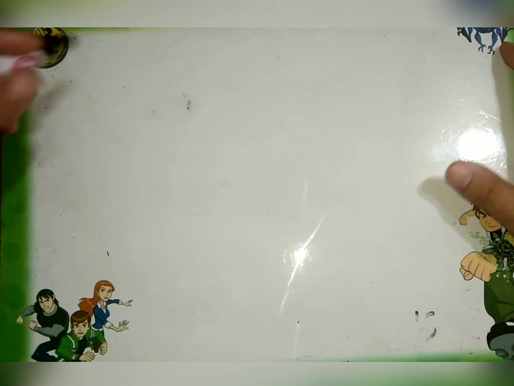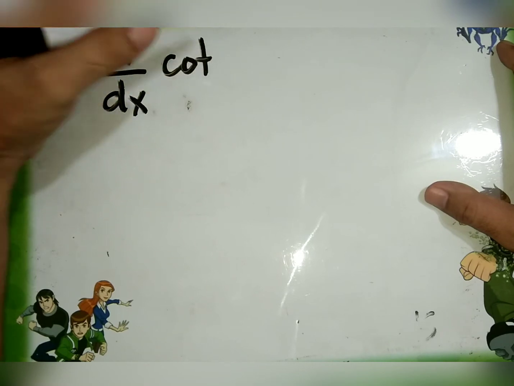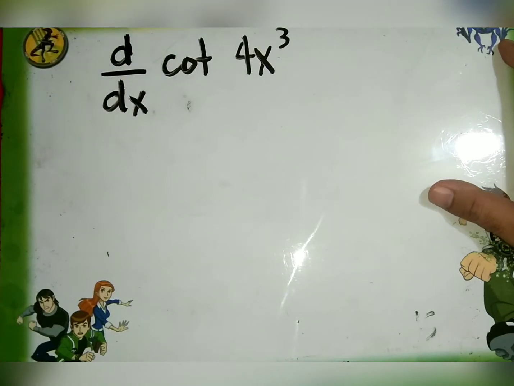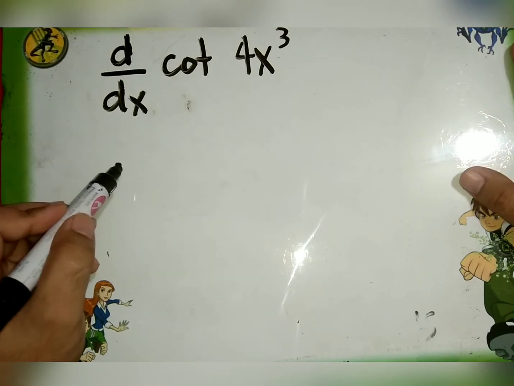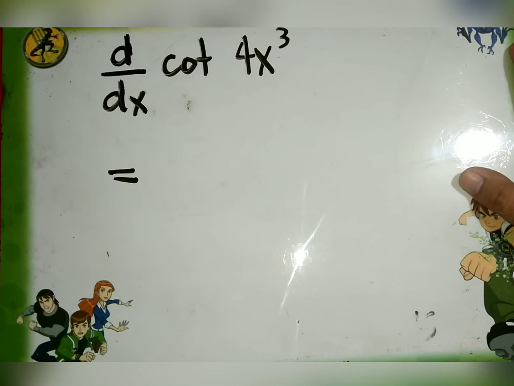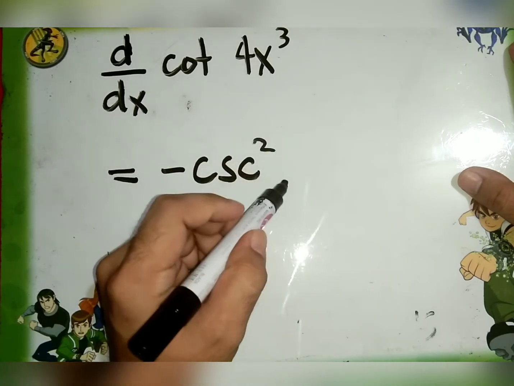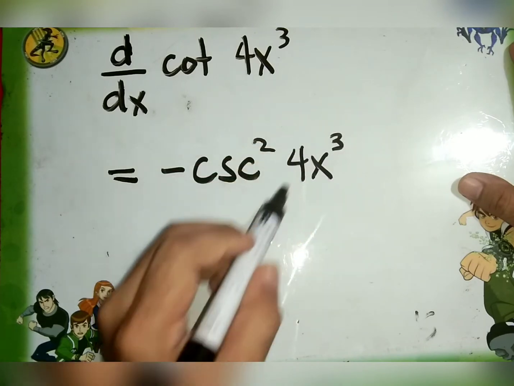Okay, next. Derivative of cotangent 4x cubed. What is the derivative of cotangent 4x cubed with respect to x? Answer. Ano ba yung derivative ng cotangent? Negative cosecant squared. So, negative cosecant squared. Kopyahin nyo yung angle 4x cubed.